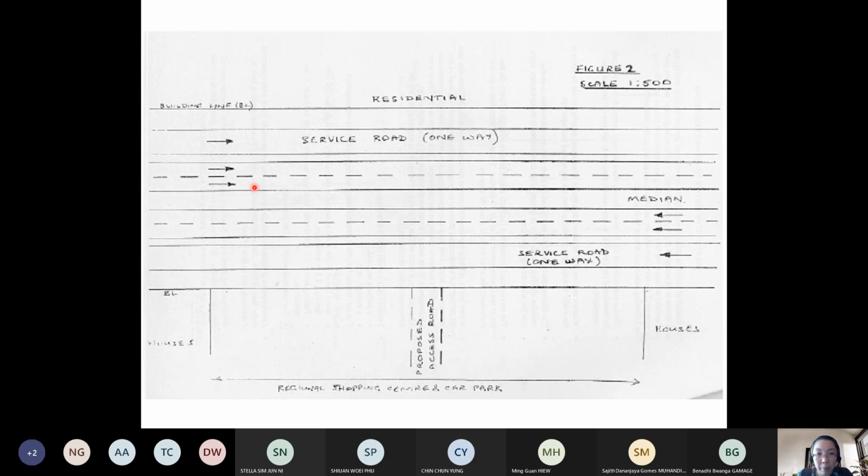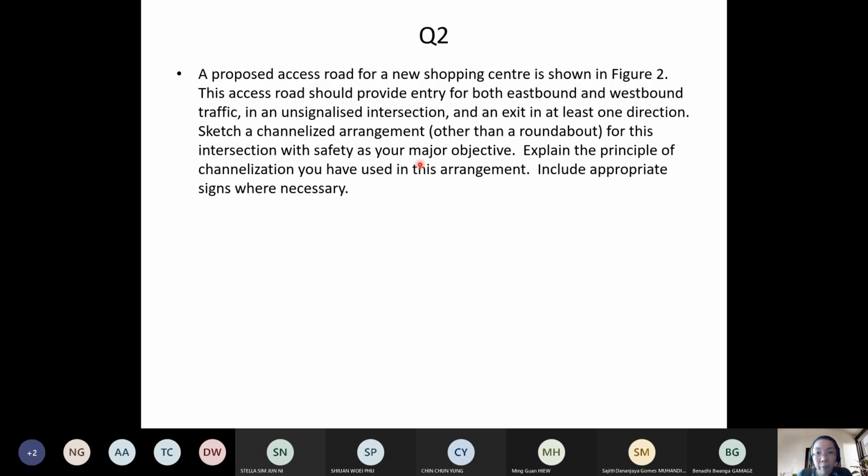Okay, so now the question is asking you, you have a proposed road. Currently, there's a median here. This access road should provide entry for both eastbound and westbound traffic in an unsignalized intersection, and an exit in at least one direction.